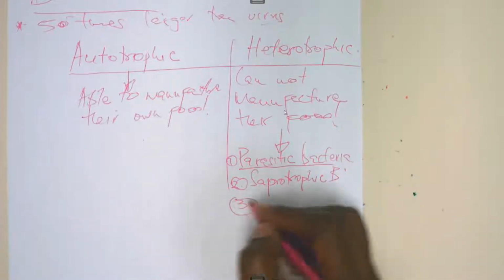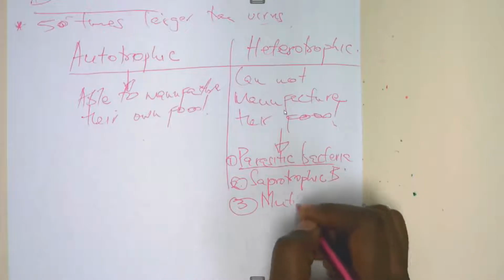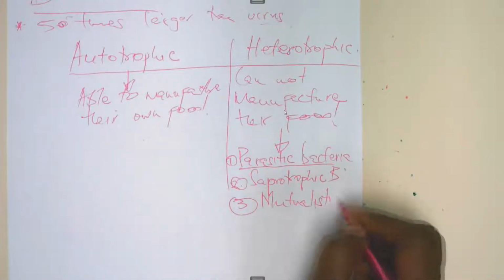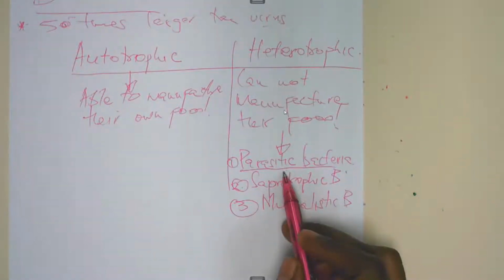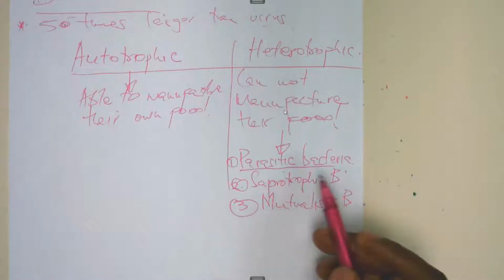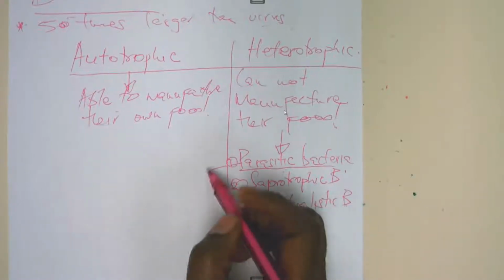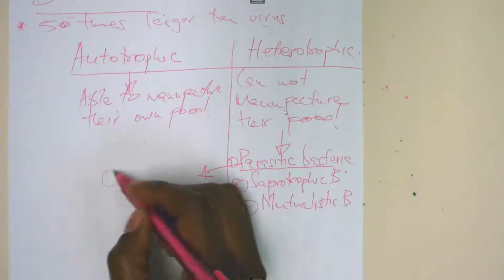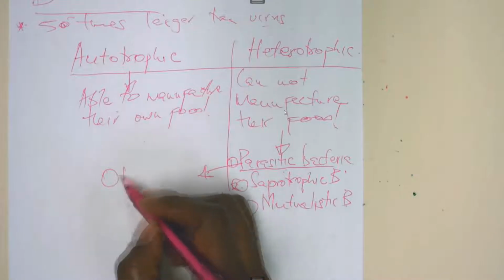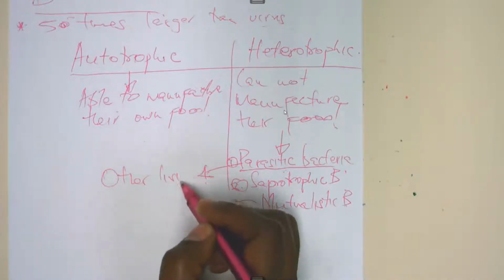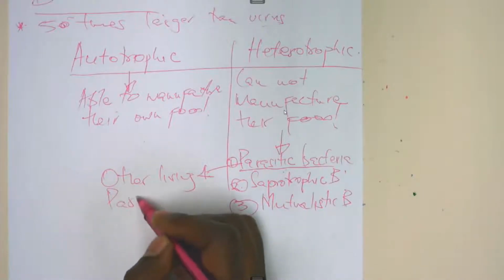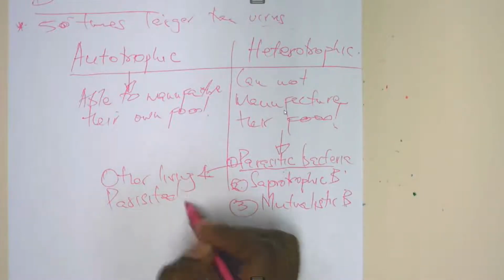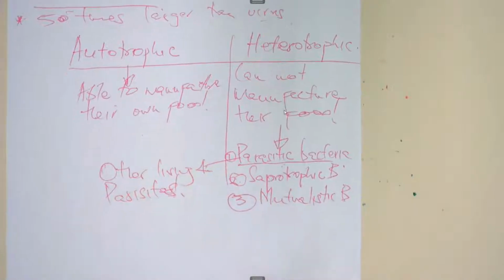And then the last one is mutualistic bacteria. So parasitic bacteria, they obtain their food from other living organisms. So it means that they are parasites.